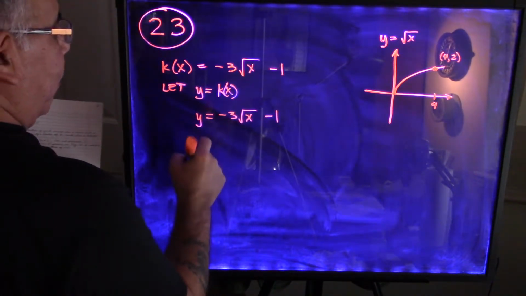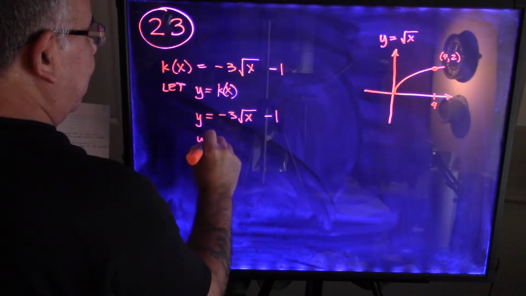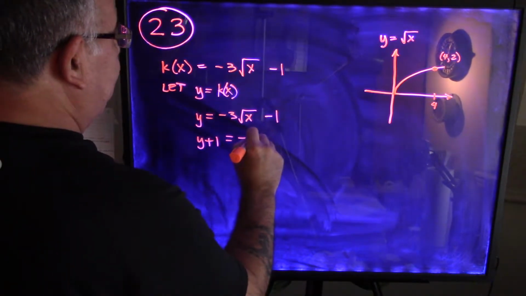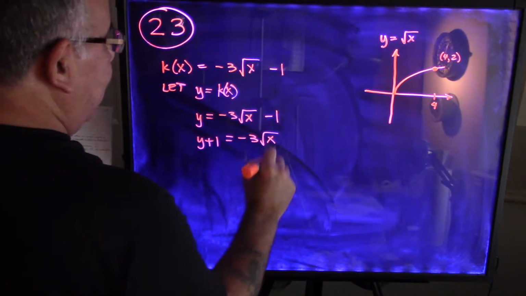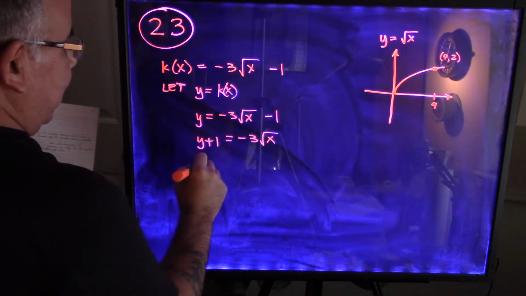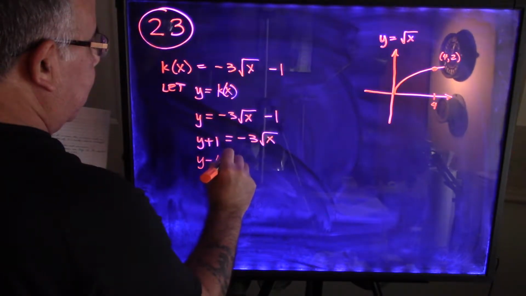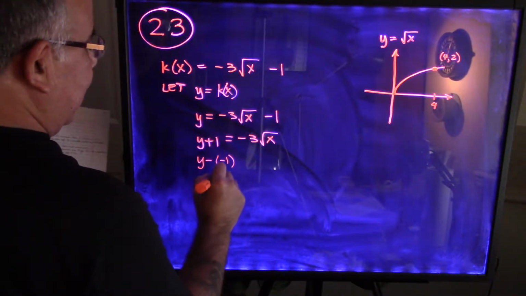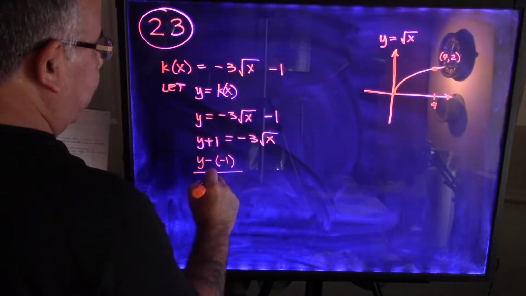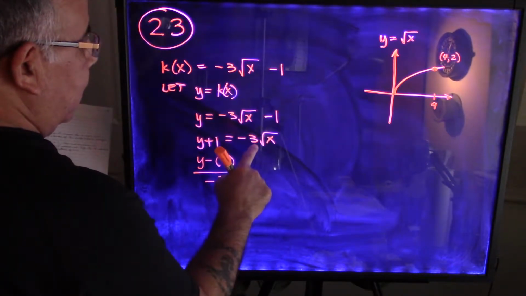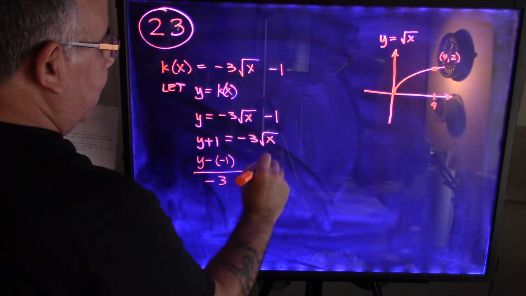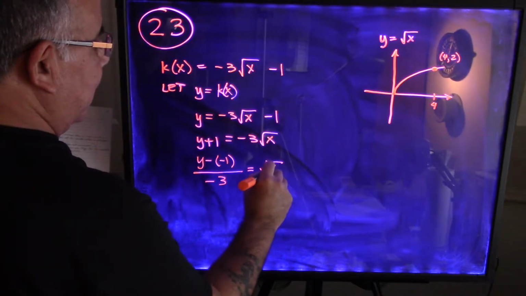Add 1 to both sides: y plus 1 equals -3 square root of x. Then divide both sides by -3, and that moves that away, and you just have square root of x.